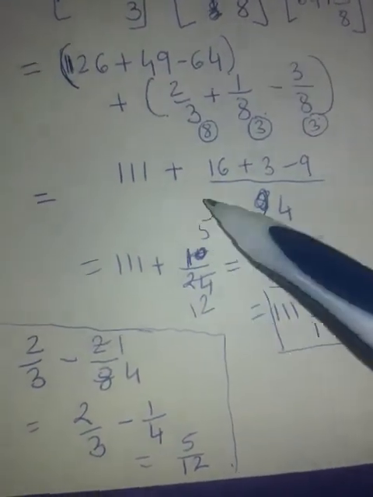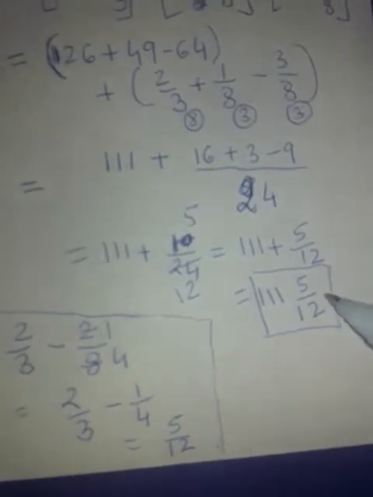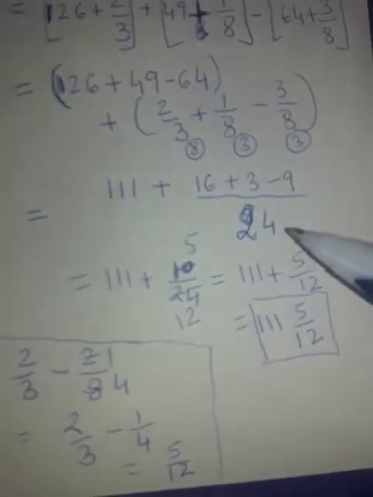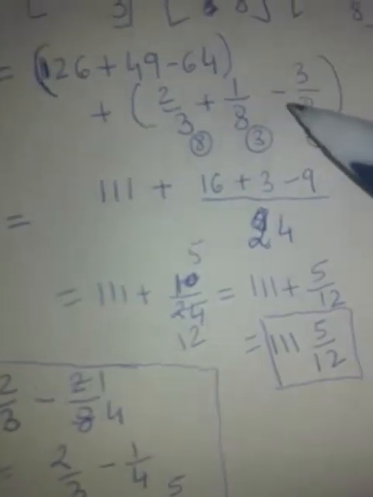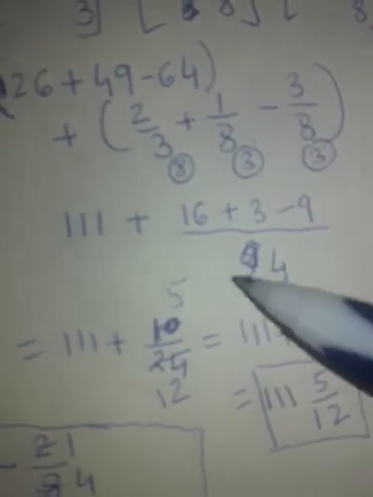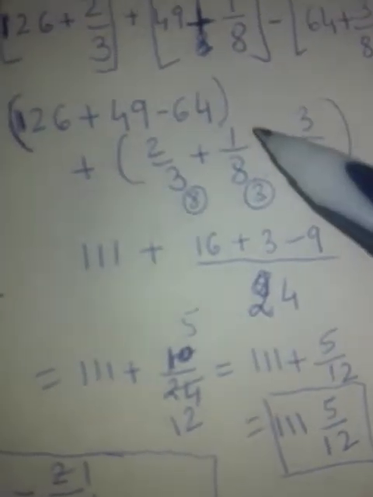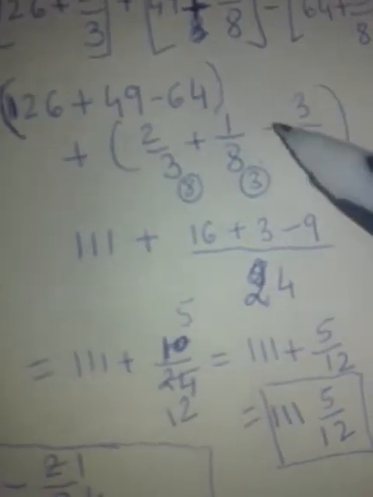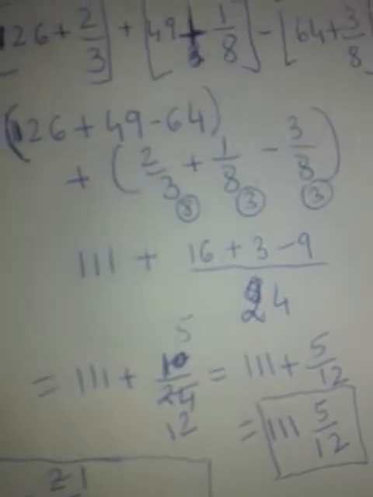So this is 11 plus 5 upon 12. Same answer we have here. So whatever procedure we follow, answer will be same only. Here I just wanted to show you that you could have saved more time if you had noticed this. When denominators are same, you just need to add or subtract the numerators as per the sign. Very clear?